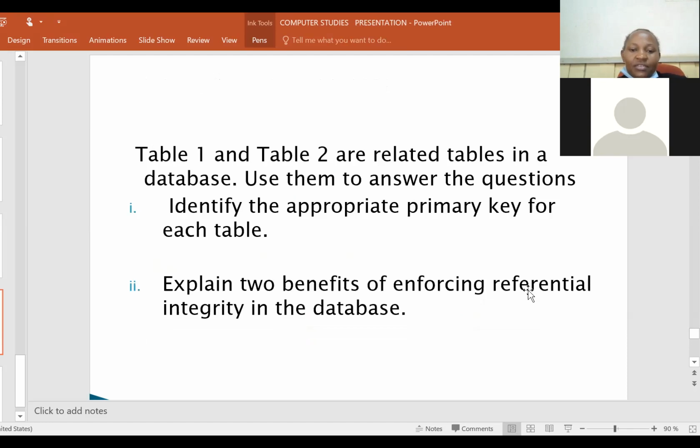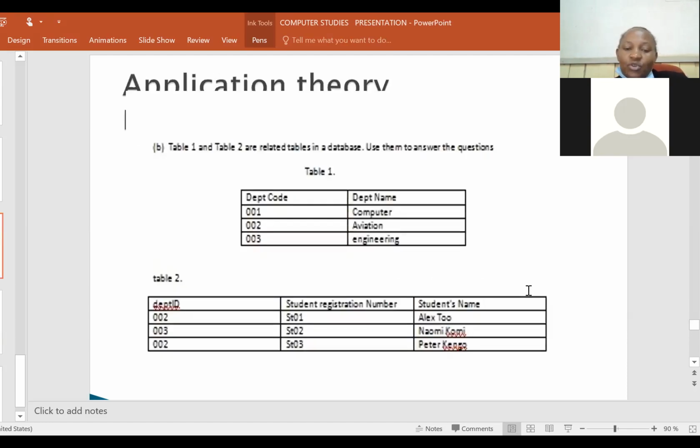Then the other question is, for example, you are told to explain two benefits of enforcing referential integrity. The department code in table 1 is the primary key, and table 1 is the primary table, while table 2 is the child table. The two tables are related using the department code and the department ID, and when you are creating your relationships, it's when you enforce referential integrity.